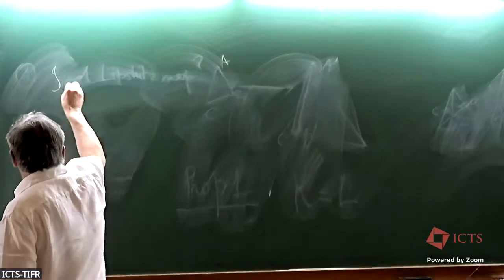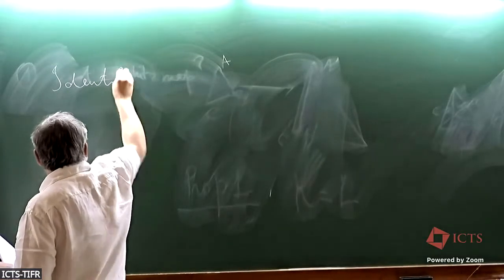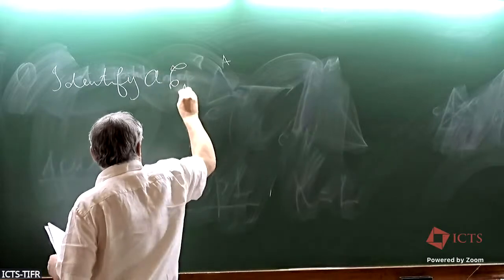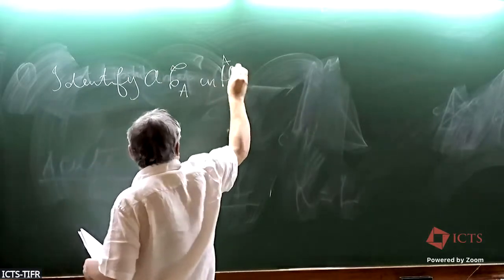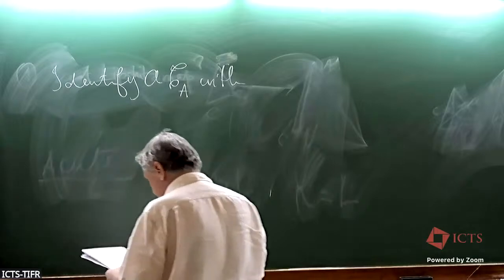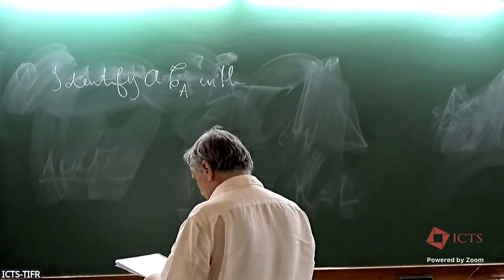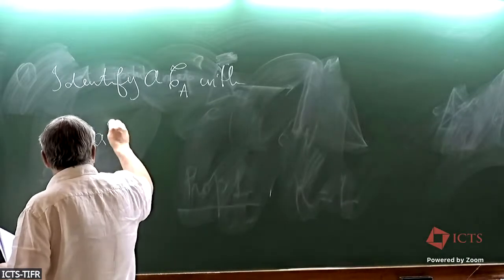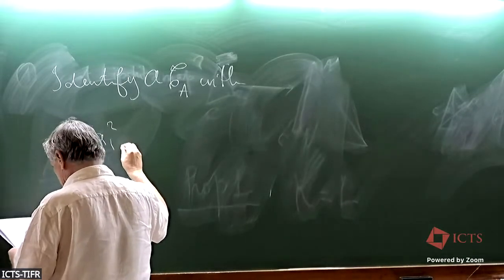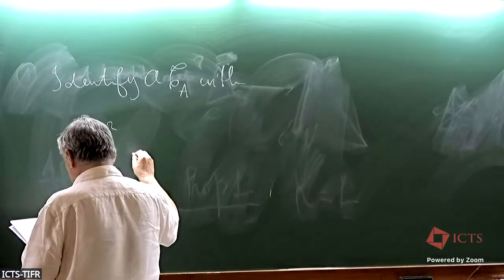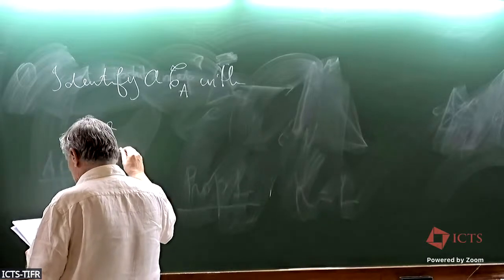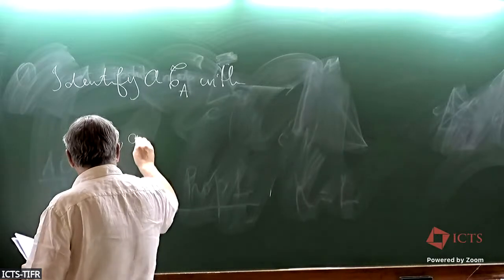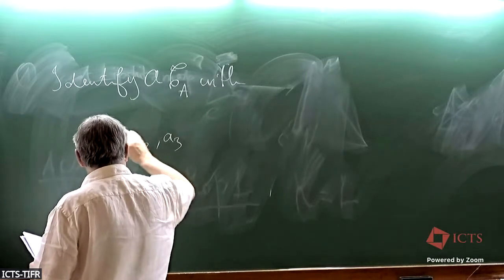So I identify A with the following surface in R3. So this is A1, A2, A3.